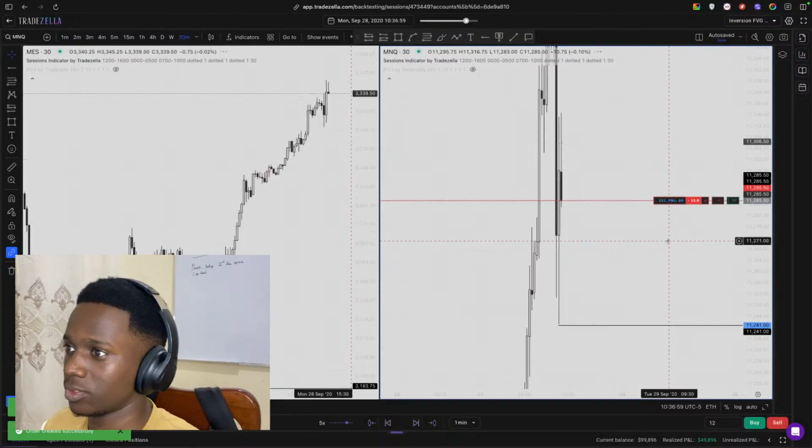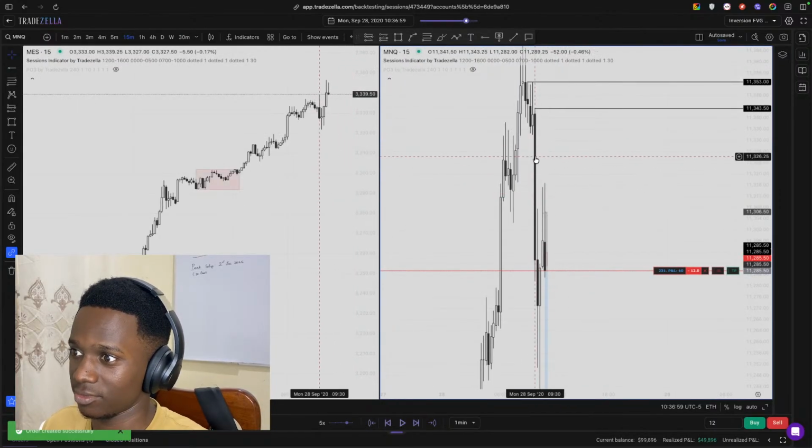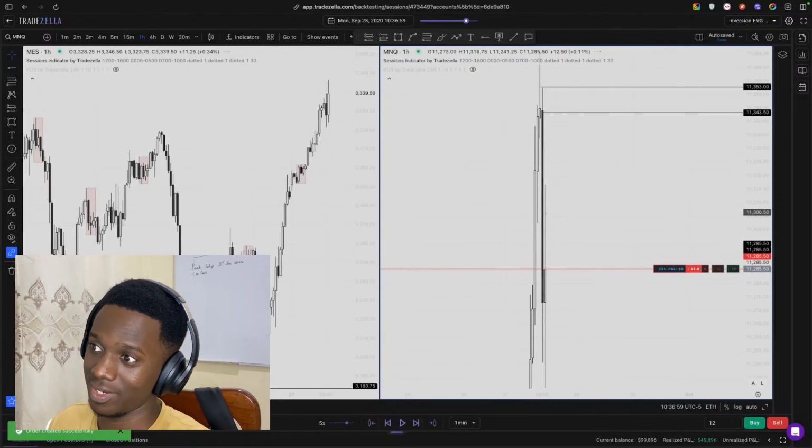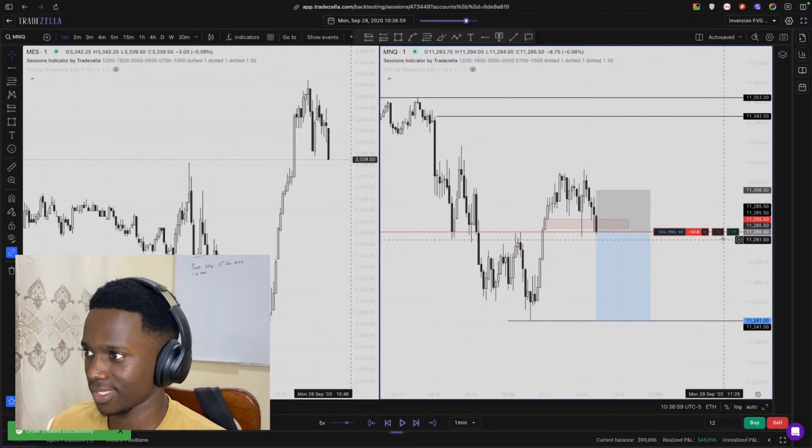So I want to short it because it's a 30-minute and it's a 15-minute. They're both rejecting. The 1 hour has impressed, so I'm not still standing bullish. I'd like to see it go lower.